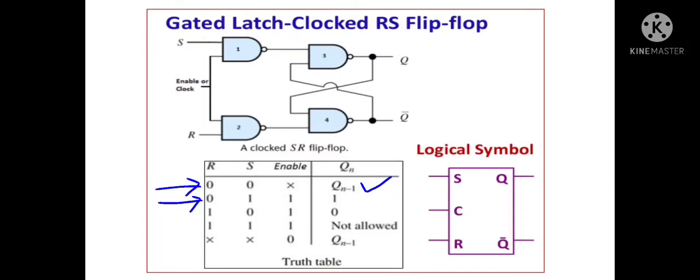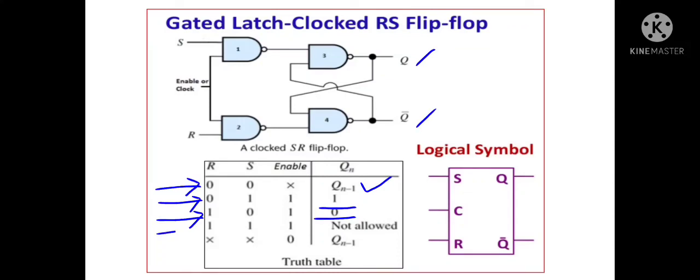That means the output is going to set, which is given as output 1. If we come to the next state, R as 1 and S as 0, then this is called a reset state, where the main output of the flip-flop goes to 0. That means this is 0 and this is 1.